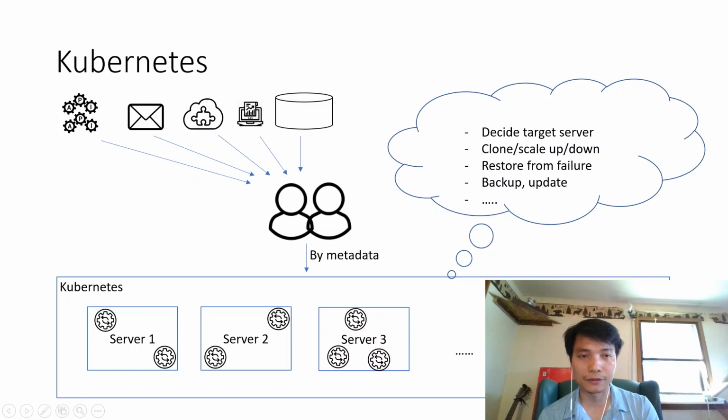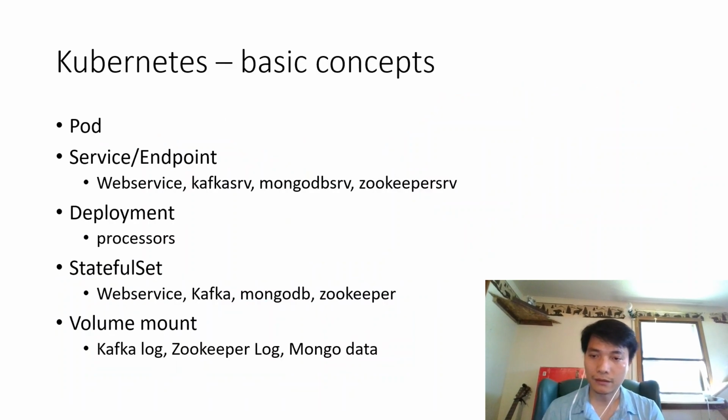So data mount is for keeping data from being lost on pod failure. For example, we need data mounts for Kafka, for Zookeeper, and for MongoDB.